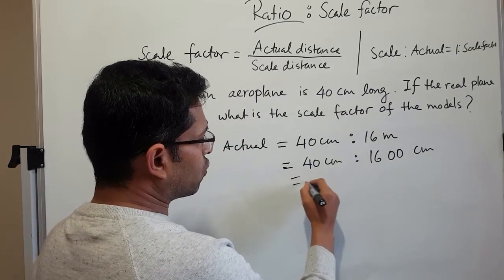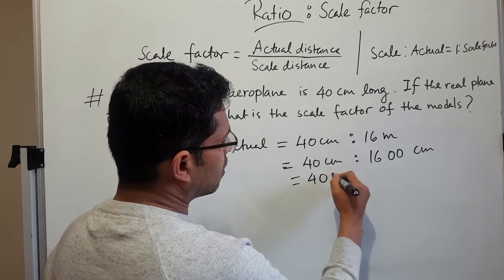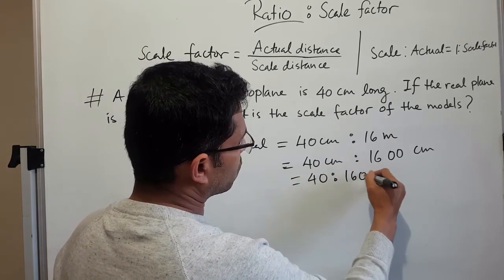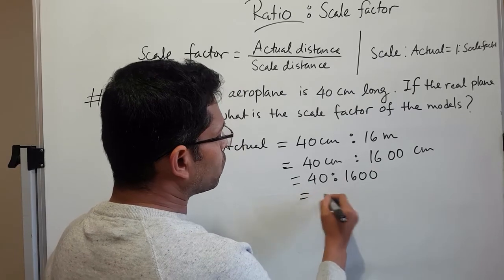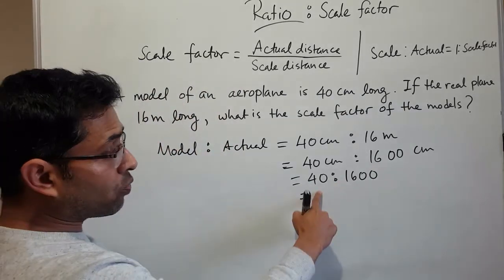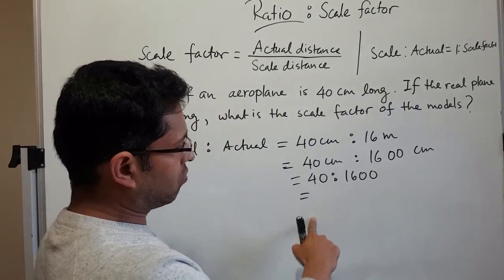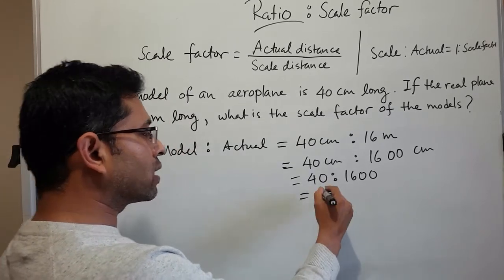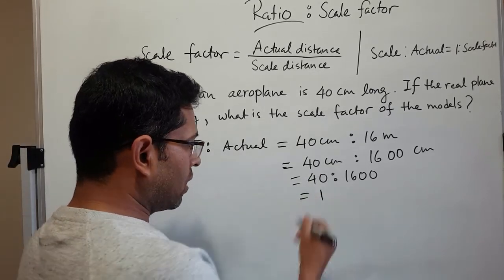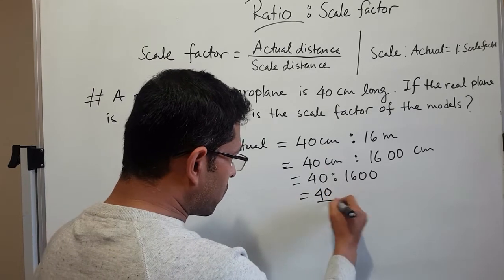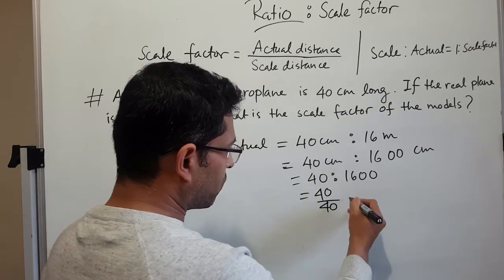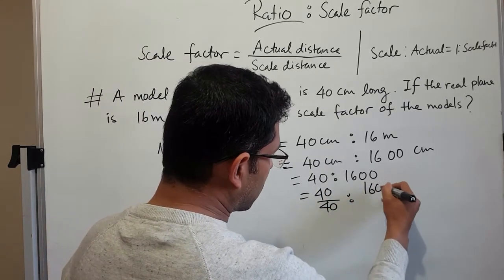So it is equivalent to 40 to 1600. If you want to simplify it, we have to make it 1. How to make this one 1? It's easy: we have 40, so why not divide both sides by 40?